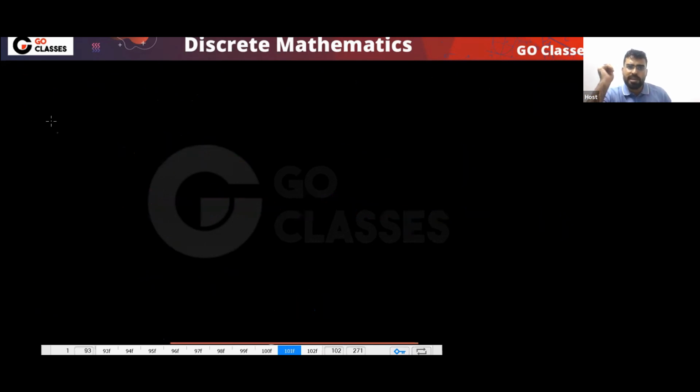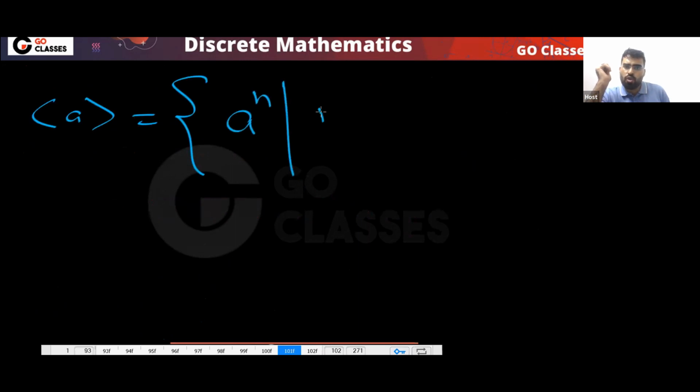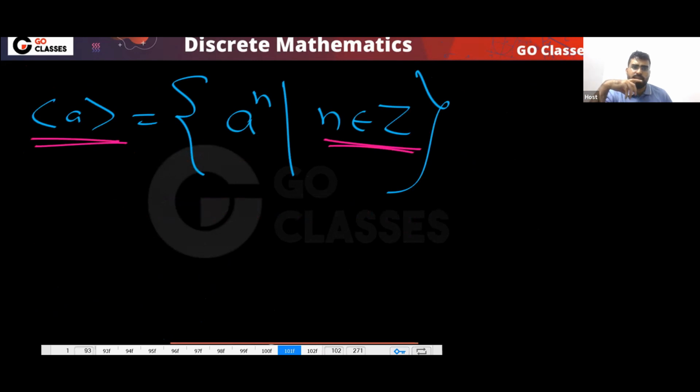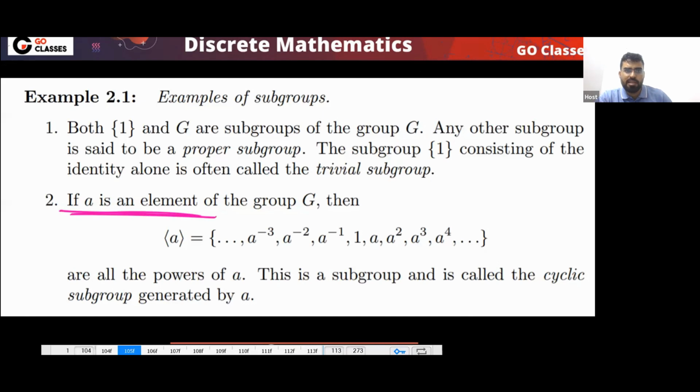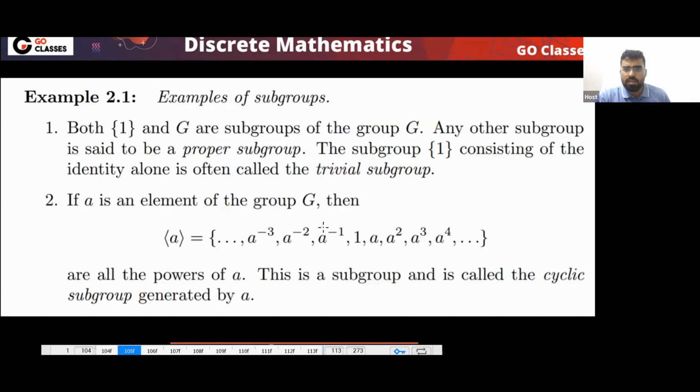So the subgroup generated by A is nothing but all the integer powers of A. Take care about the integer power. Don't only take the positive powers, take all the integer powers. So the subgroup generated by A is the set of all integer powers of A. A power -1 is your inverse.